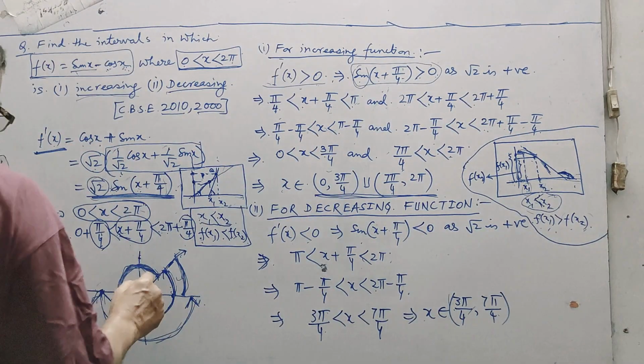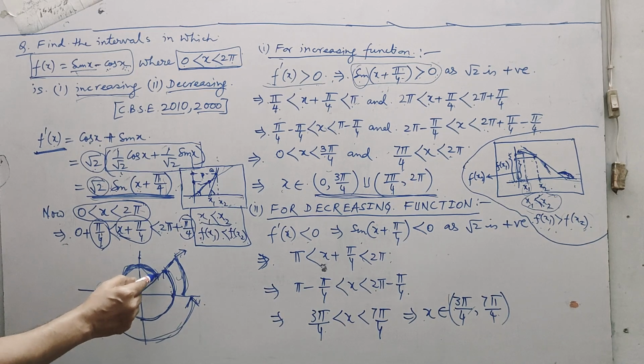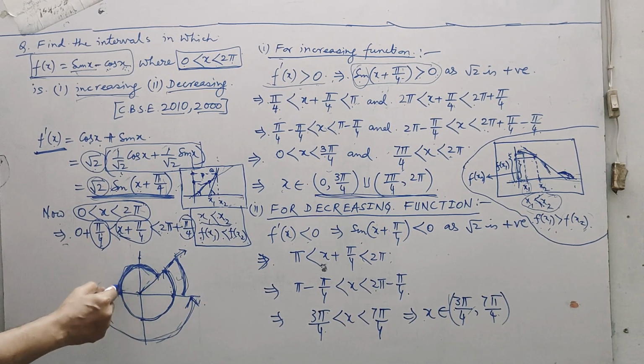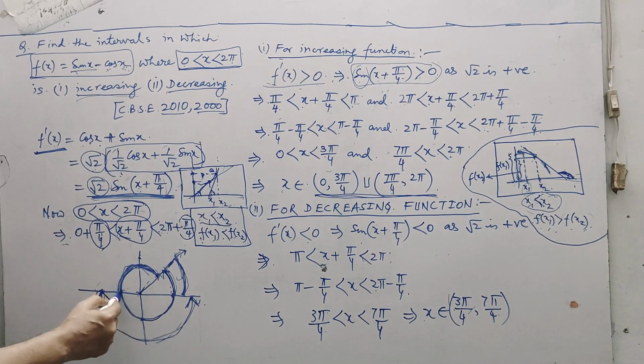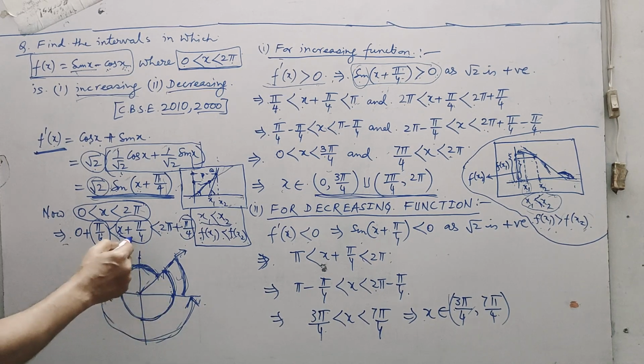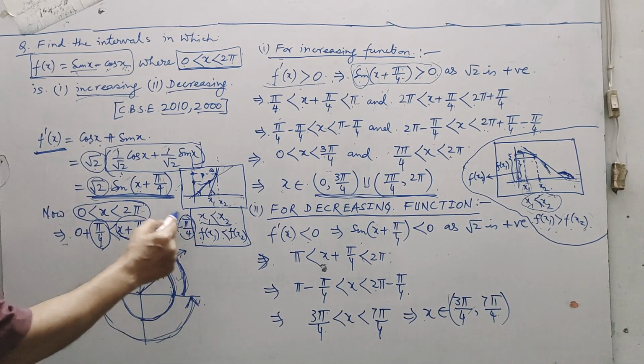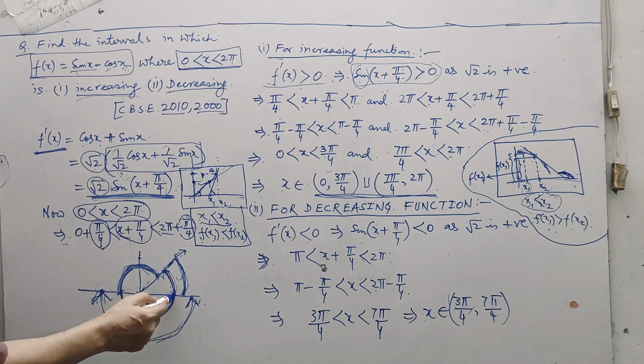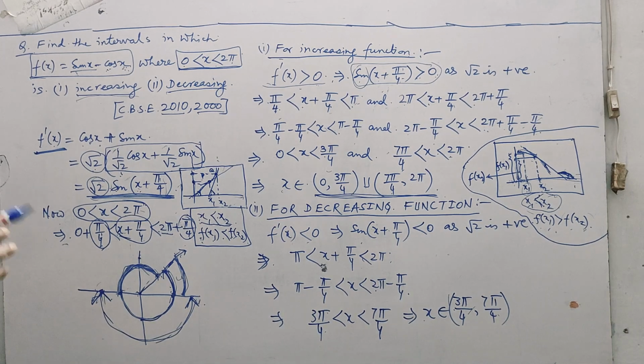Starting from this point, we cover the angle from pi by 4 to pi, then again go up to 2 pi, and further 2 pi plus pi by 4. For that reason, another pi by 4 angle we have moved in this direction. I hope that the distribution of the angle shown over there is clear to all of you.